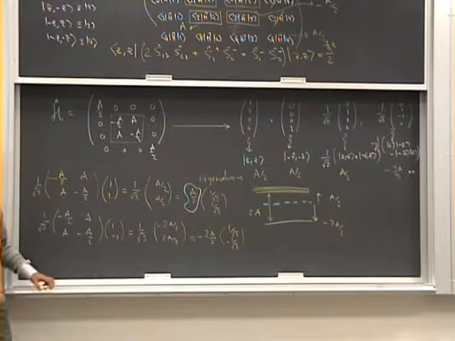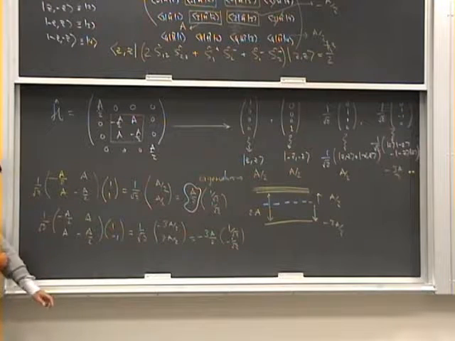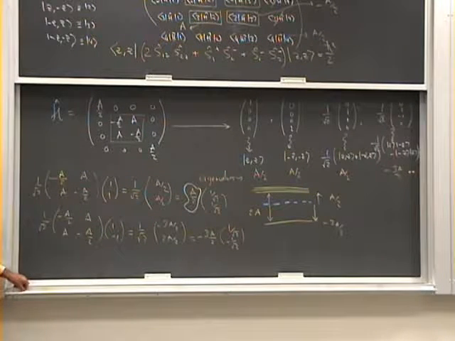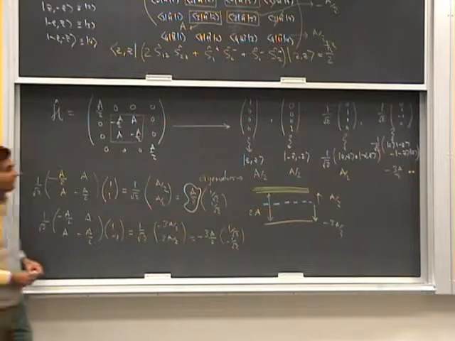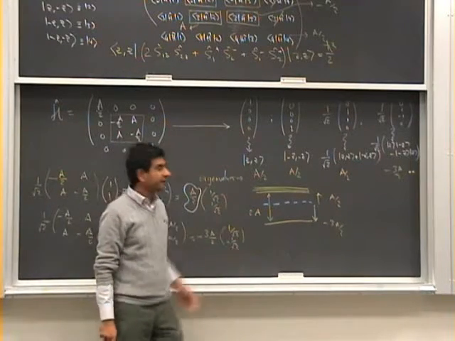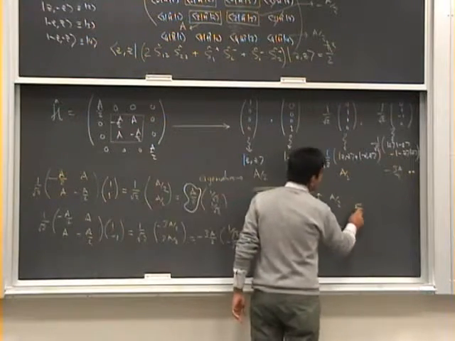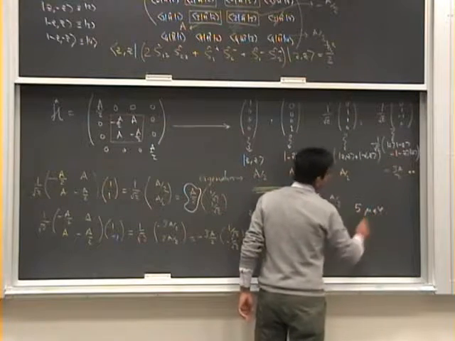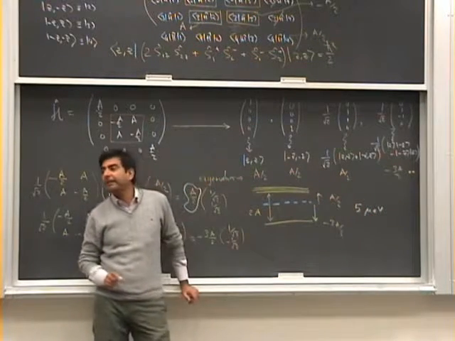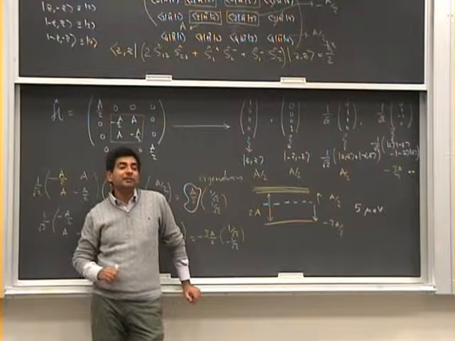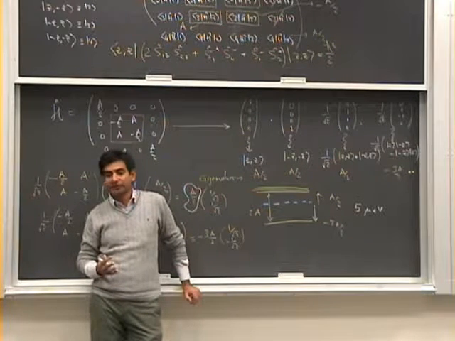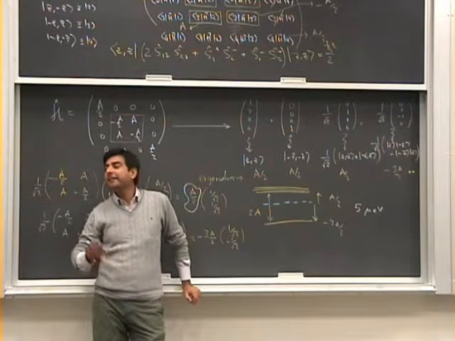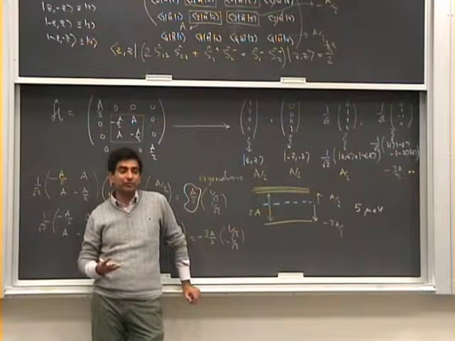So this is what the hyperfine interaction is telling us. Now this energy separation for hydrogen is of the order of 5 micro-electron volts. Typical energies in the hydrogen atom are tens of electron volts, and fine interactions are of the order of electron volts.